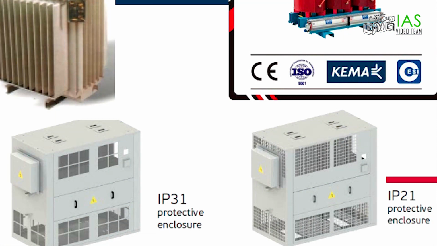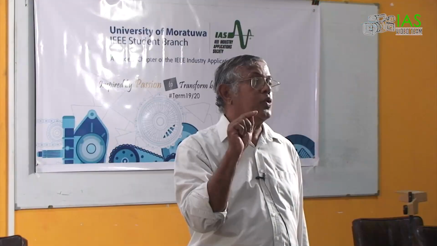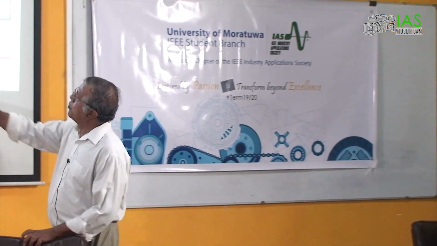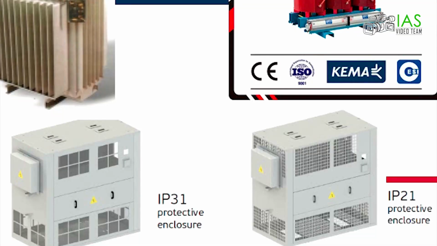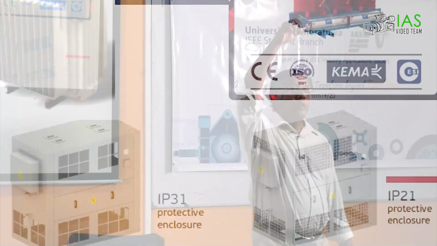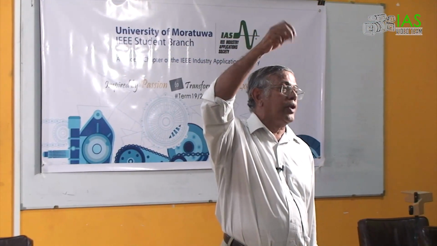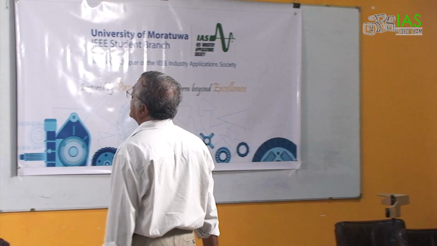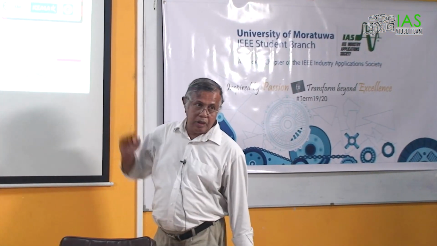This one has IP21, which means you can put a finger through it, and here with IP31, you can put only a 12 mm device, like a screwdriver, into that. Now the 1 in the second digit indicates water dripping, so if water drips onto that, there's no problem.